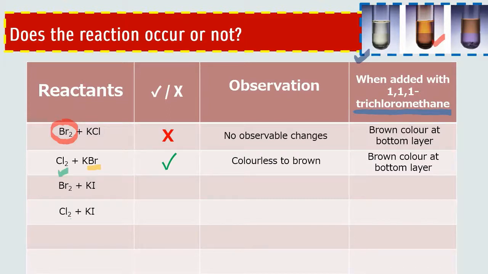Next, chlorine water and potassium iodide. Iodine water and potassium bromide. Iodine water with potassium chloride. Please fill in the table and send it to my Telegram so that I can check your answers.